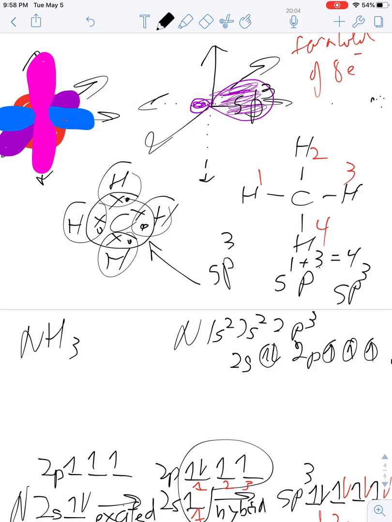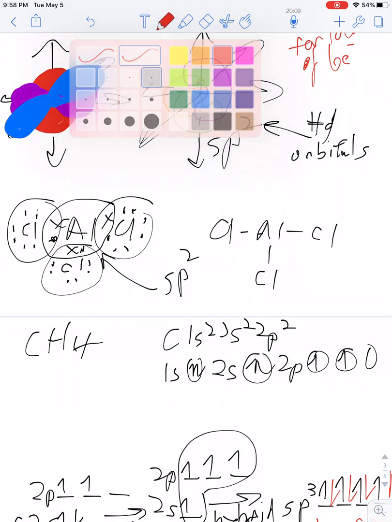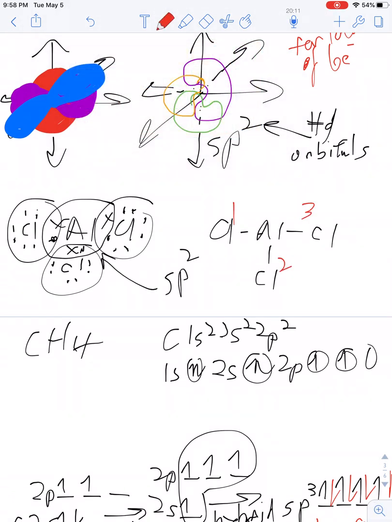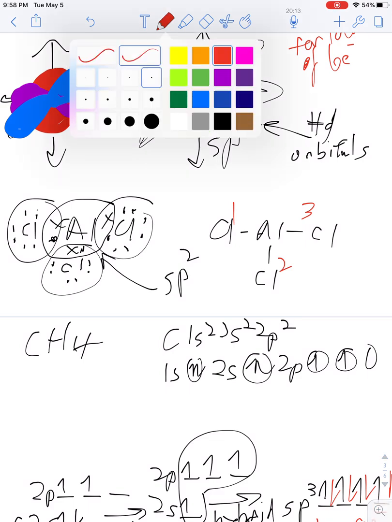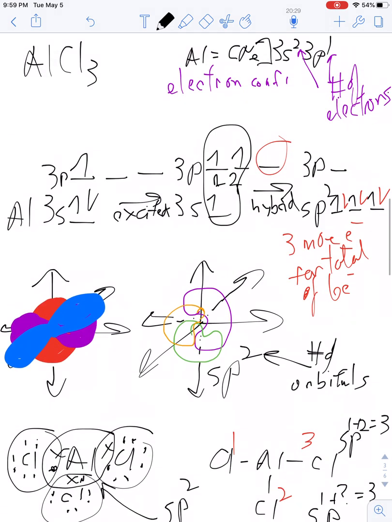Okay? So if we go to aluminum, there is 1, 2, 3 things attached. So my hybridization, I've got 1 s. How many p's is going to add up to 3? Well, you guessed it, sp2. Right? 1 plus 2 is 3. So you don't have to go through this whole rigmarole.